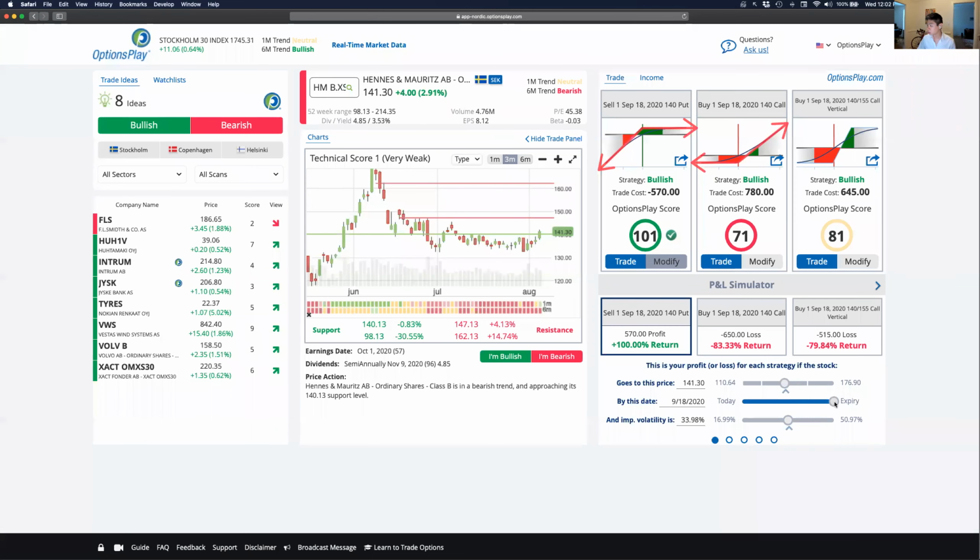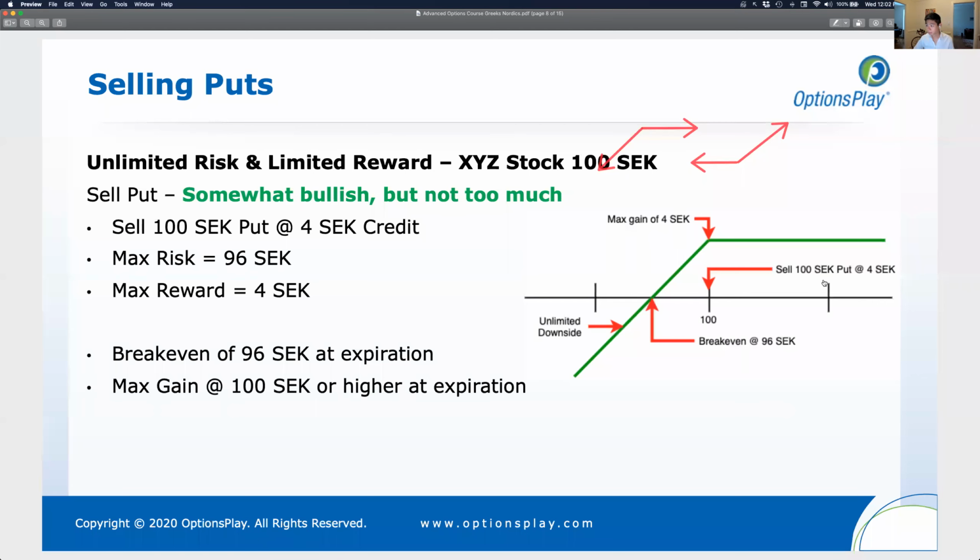So this tool lets you actually see how the trade will respond if the stock moves higher, if it moves lower, or if it stays the same. So use these types of tools to help you better understand these strategies, okay?